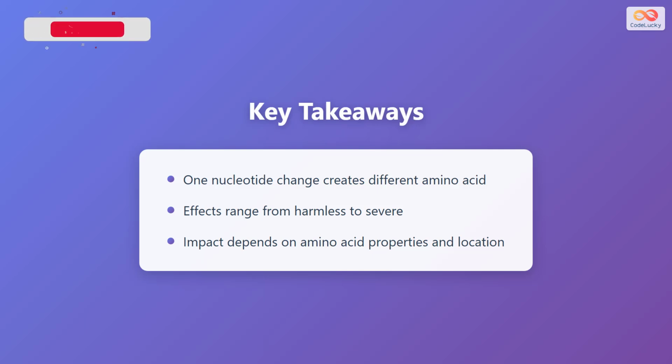Third, the actual impact depends on multiple factors: the chemical properties of both the original and new amino acids, the location of the change within the protein, and how important that particular position is for the protein's structure and function. Understanding missense mutations is fundamental to genetics because they're responsible for many inherited diseases and also contribute to genetic diversity.